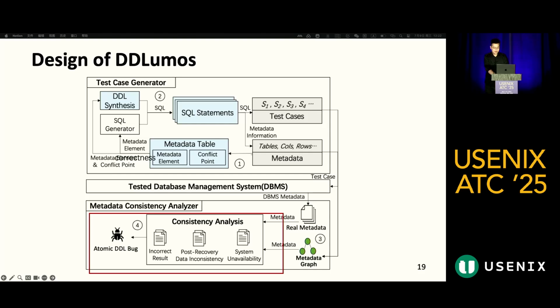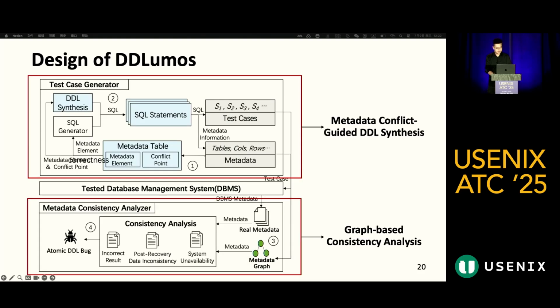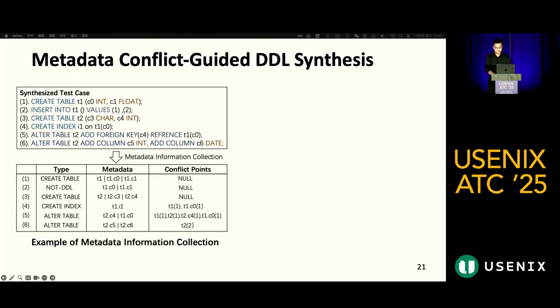In the fourth step, DDLumos uses the metadata graph to detect ADBs by comparing the execution results with the predefined detection scenarios for three bug manifestations. Then we detail the core method of each component: the metadata conflict guided DDL synthesis and graph-based consistency analysis.